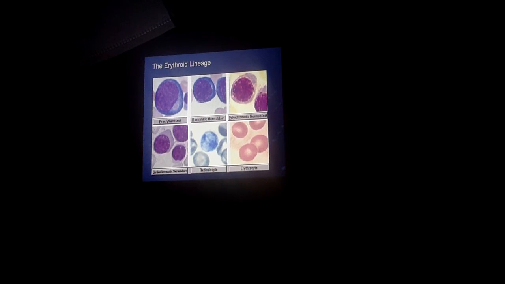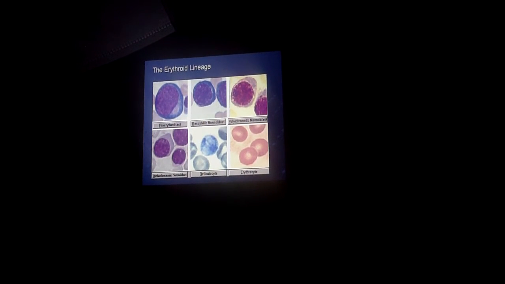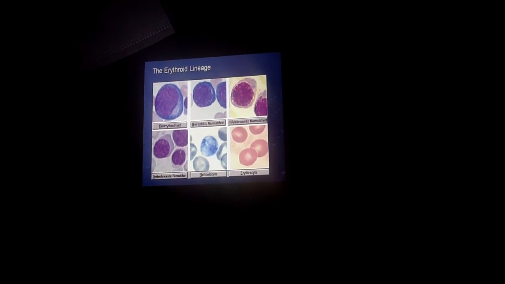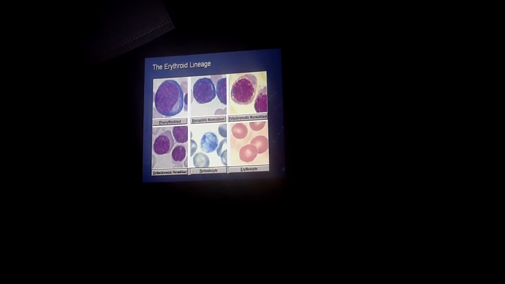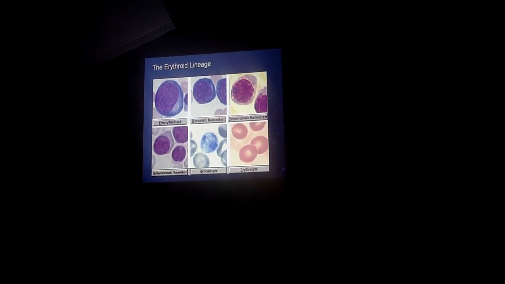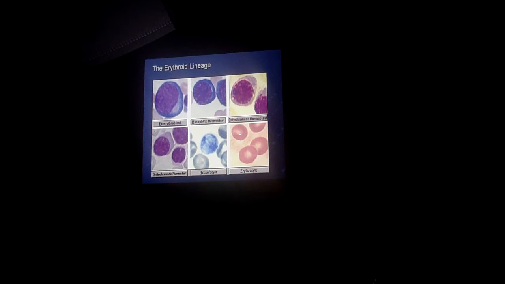Before discussing the precursors, let us first describe the characteristics of the mature red blood cell or a mature erythrocyte. How will you describe the appearance of a mature RBC? Biconcave. Okay, donut shape or biconcave shape. The central area, when seen on top view, the red cells will possess a central area of pallor. So that pale area will represent the concavity of the red blood cell.